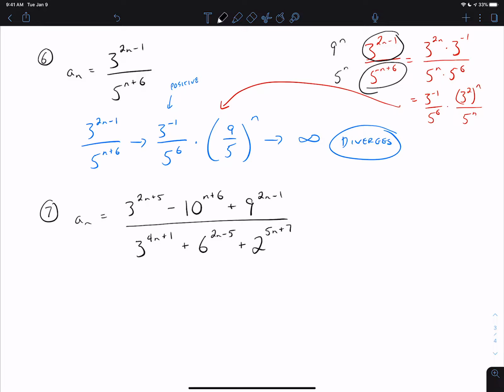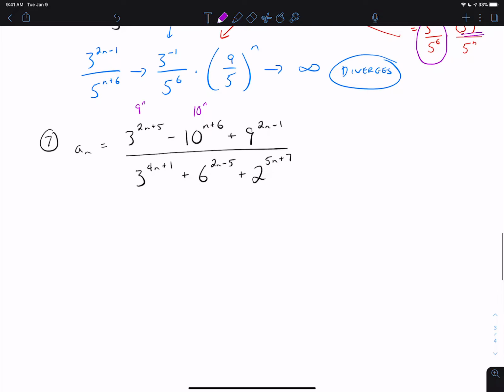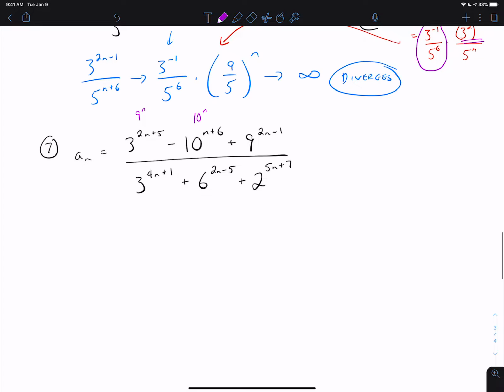So when we're looking at this problem on number 7, 3^(2n+5), we're going to put this in purple, we're thinking of that as 9^n, because we're going to be able to factor out a coefficient like this and get 3^(2n). This one is going to be 10^n, because we're going to have 10^6 times 10^n. And this is going to be 81^n, because we're going to have 9^(-1) times (9^2)^n.